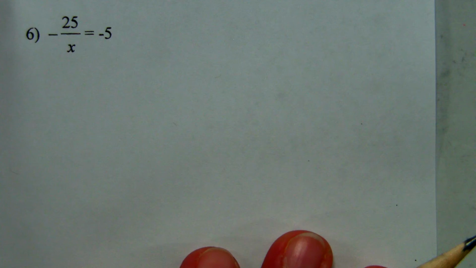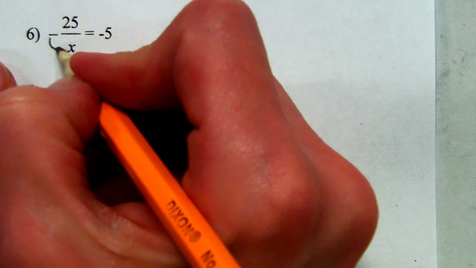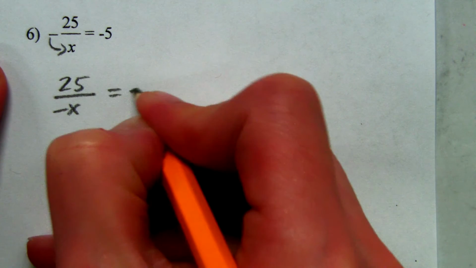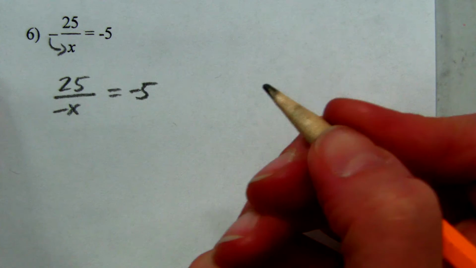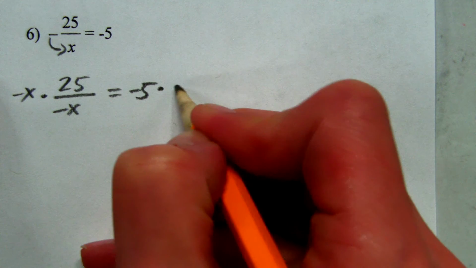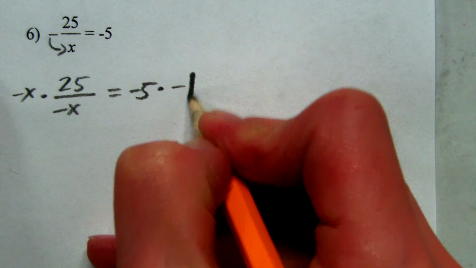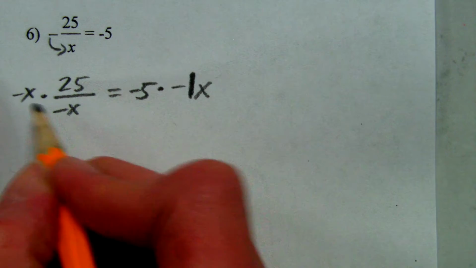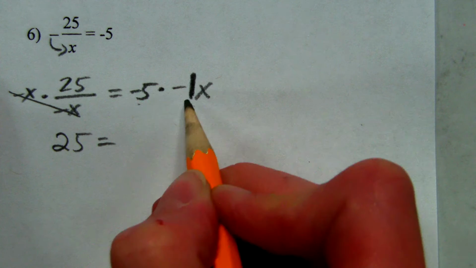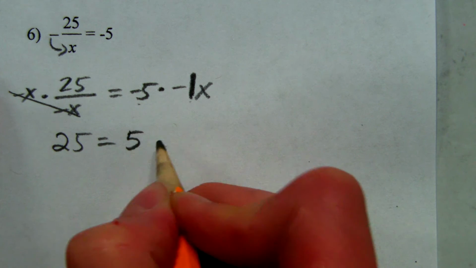Okay, number 6. So we're going to move the negative sign down here. I'm going to have 25 over negative x equals negative 5. So we're going to multiply both sides by negative x. And if you want, you can go ahead and change that to negative 1x. So then I have negative 5 times negative 1, which is 5.